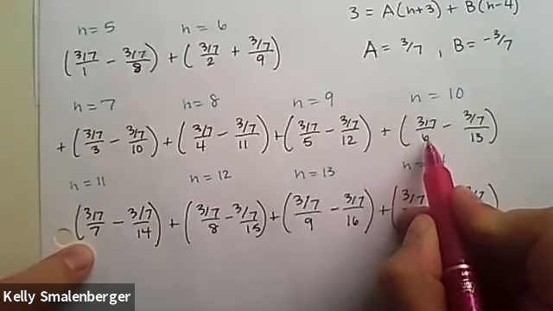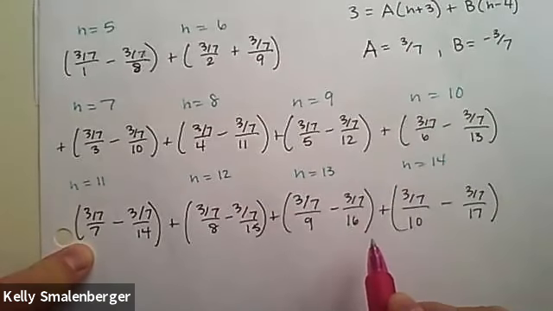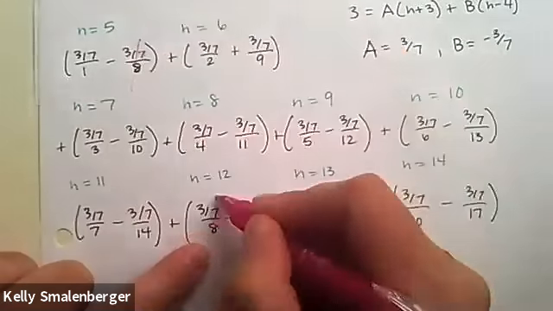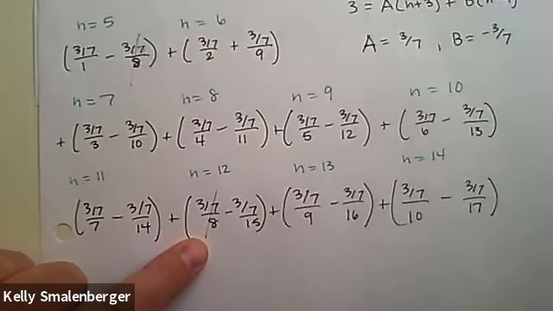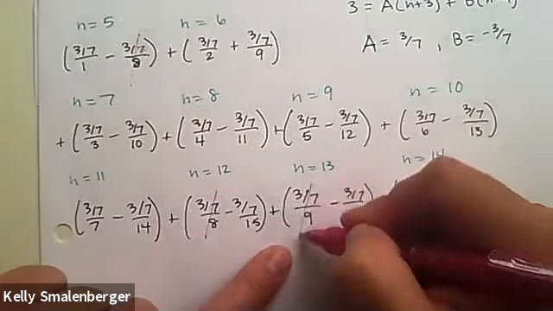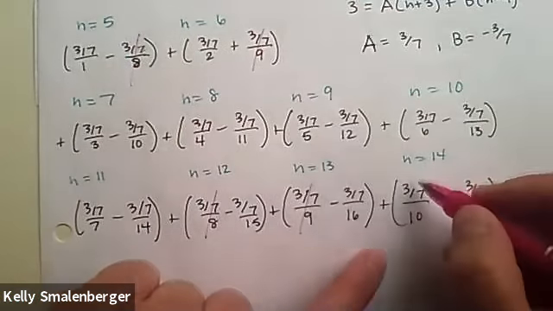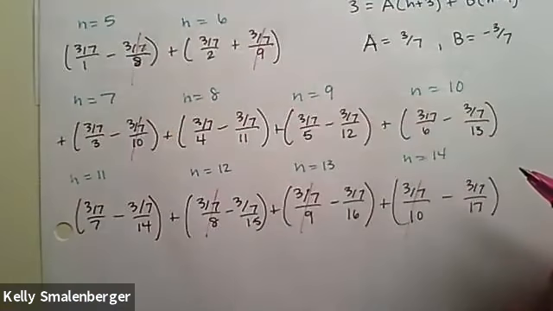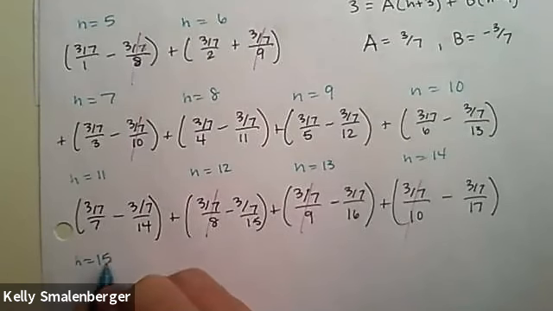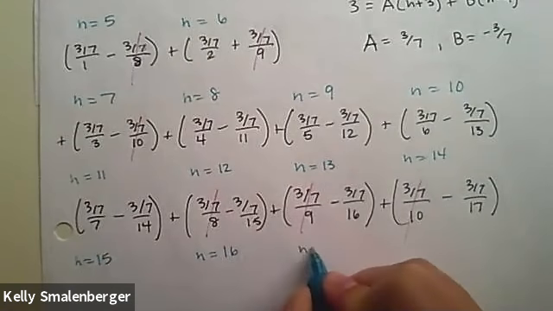Okay. So 3 over 7 over 8, now I have that cancel, right? When n equals 5 and when n equals 12, I have something cancel. Now here I have this cancel. Now here I have this cancel. So shall we write more? N equals 15, n equals 16, n equals 17.